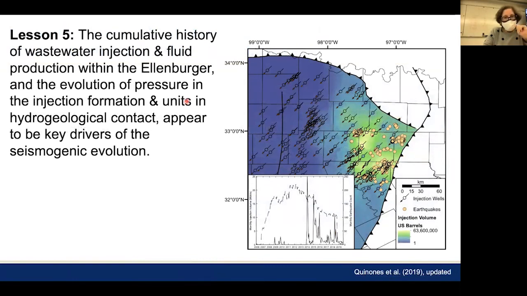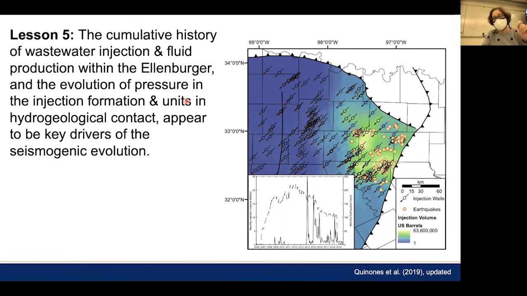What we're sure of is that it's the cumulative history of wastewater injection and fluid production, right? Because the fluid production part can be very important within the Ellenberger, that is an issue. So it's the evolution of the stress in the subsurface that is the key driver to understand.